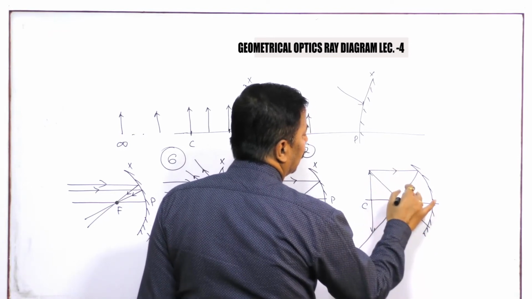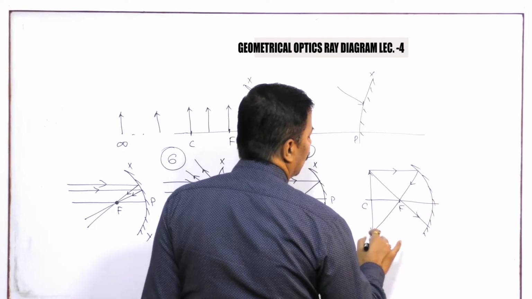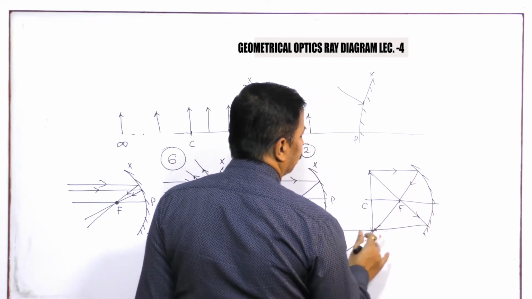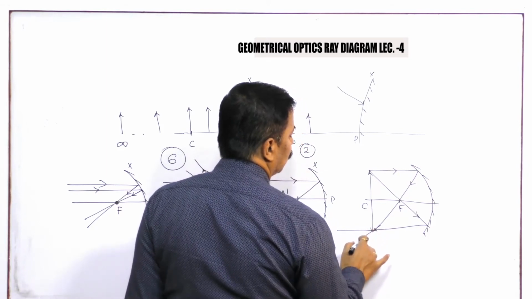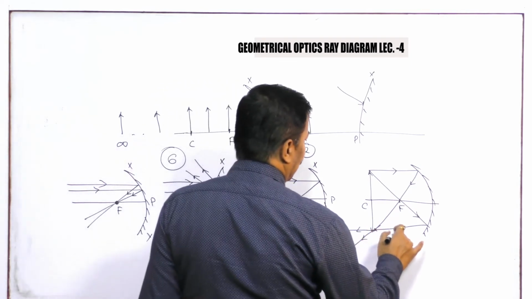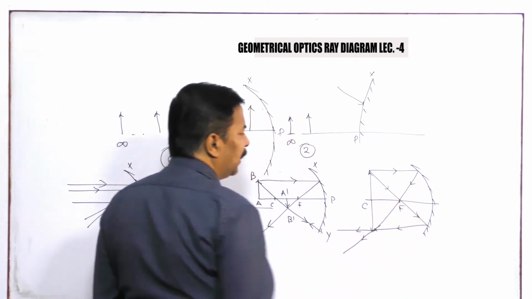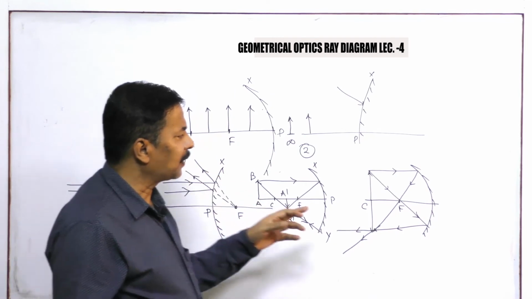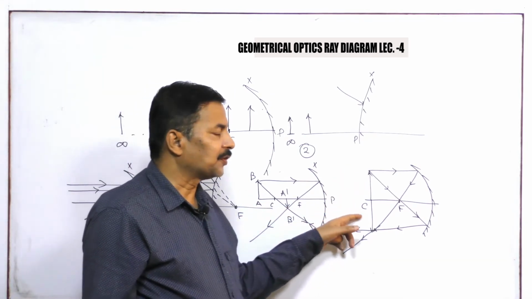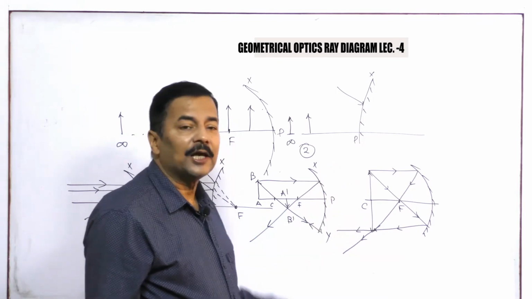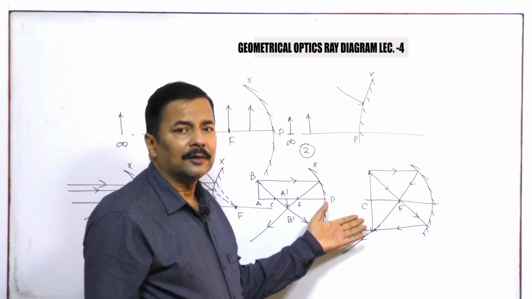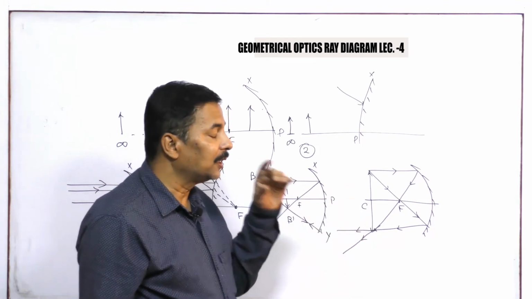Whenever we are making the ray diagram, we are not violating the rules for making the ray diagram. Now here a very interesting case: object is at center of curvature, image is also at center of curvature, it is of same size, it is real, and real image is inverted, that you have already seen, it is inverted in nature.